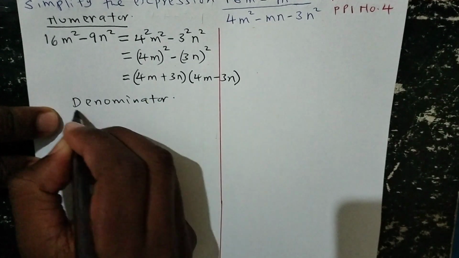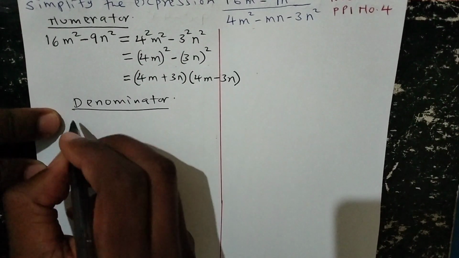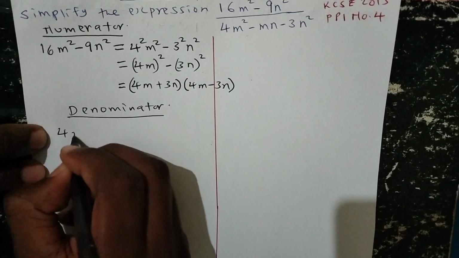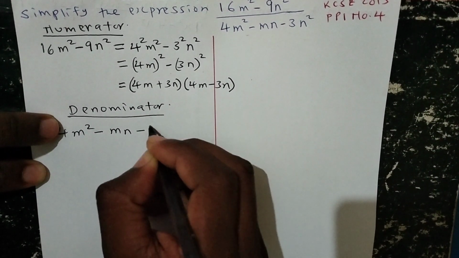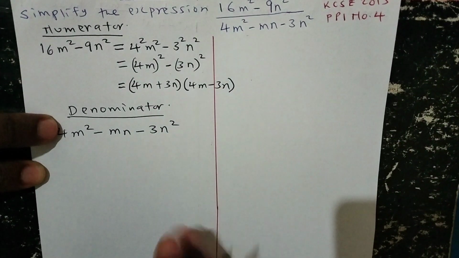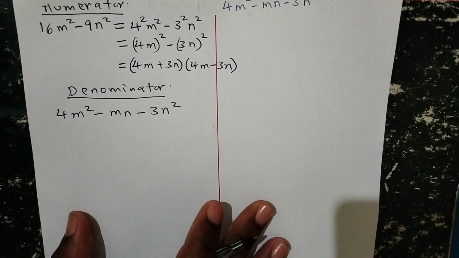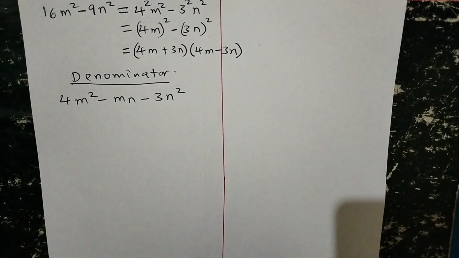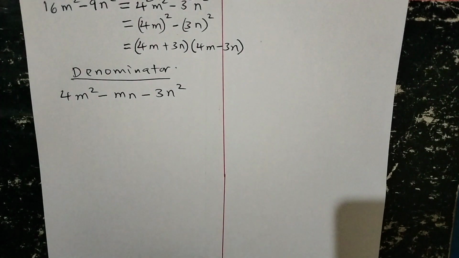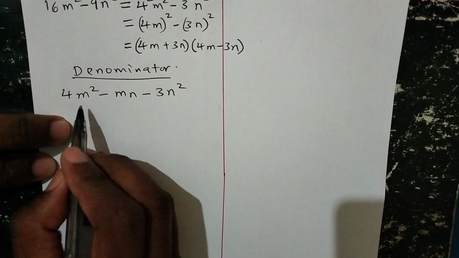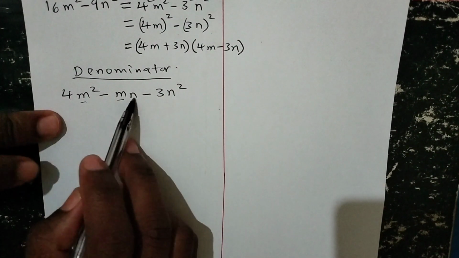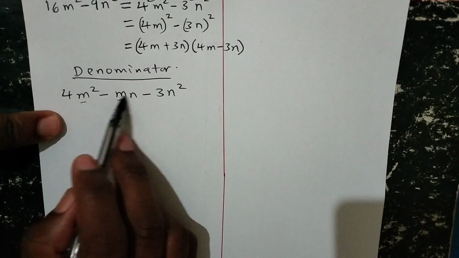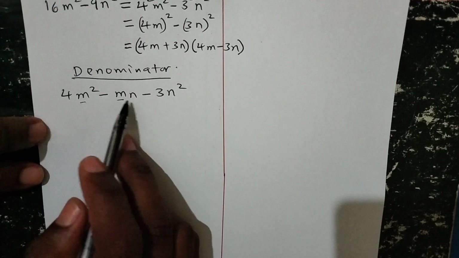For the denominator, I'm given the expression 4m squared minus mn minus 3n squared. If you look at this, clearly it is a quadratic expression, only that some terms have not been arranged properly. If I pick m to be my variable, then let me rewrite this middle term so that I start with n, so that the m comes at the end.